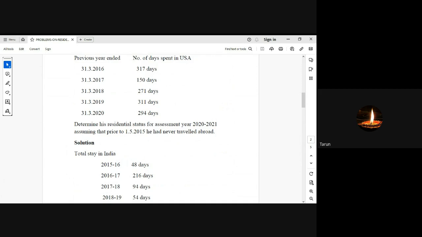It means that since 2015, Kohli is in India. That means he is a resident, and he clearly satisfies both additional conditions as well. So that's why he is the ordinary resident of India. Accordingly, you have to think through such scenarios and estimate based on the statements given in the question, and determine the status.